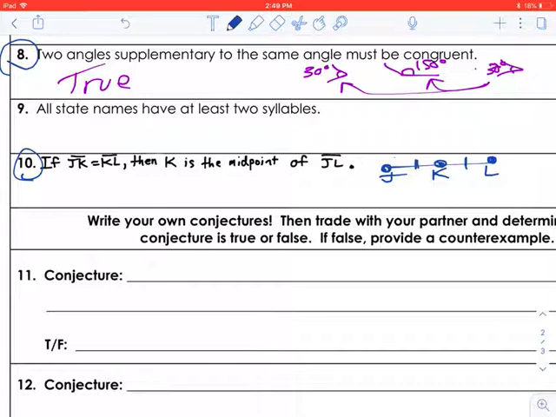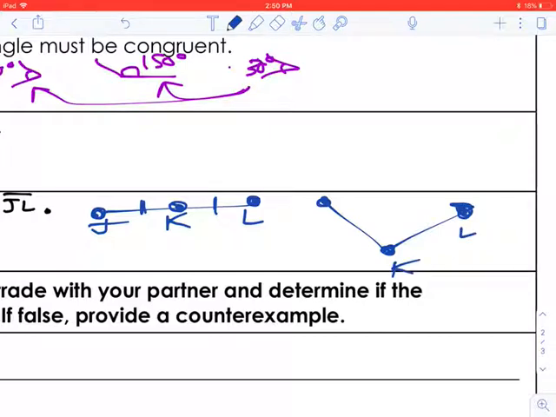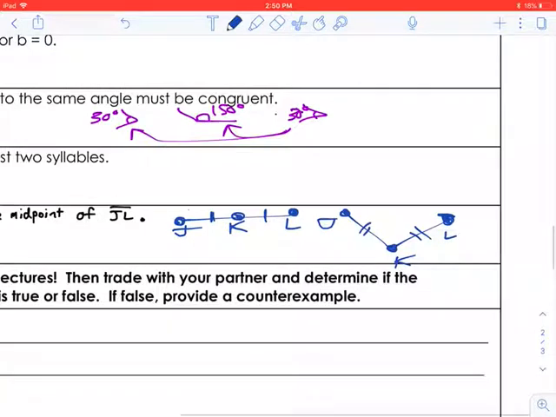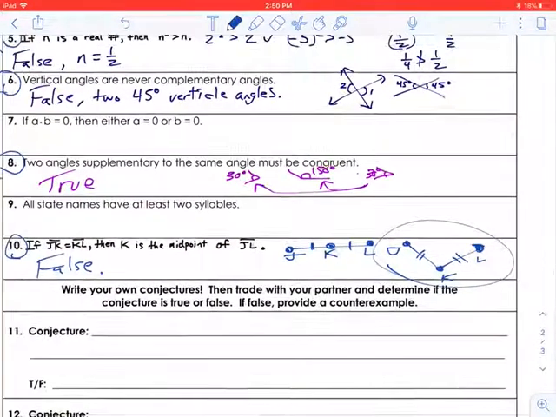JL isn't necessarily a line, because what if the situation looked like this? JK is congruent to KL. Then K is not the midpoint of that, because that's not one segment. Okay? So this would be your counterexample. And the counterexample could be a picture. Doesn't have to be words. So like this was a picture. All the other ones were words.